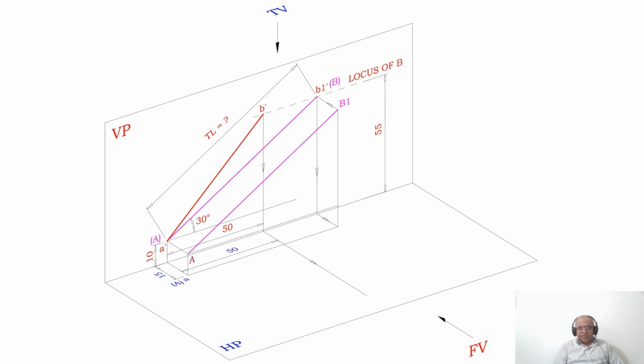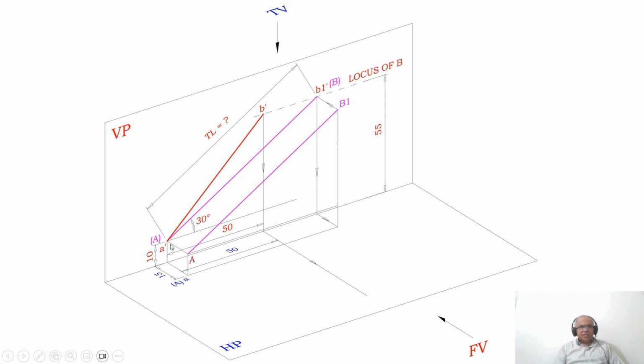Now how to analyze this? First we need to plot the data. It says the end A is 10 mm above HP, and 15 mm in front of VP.